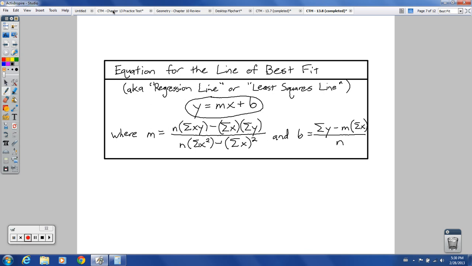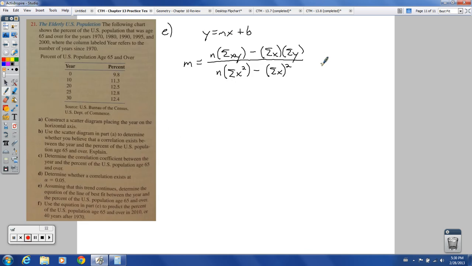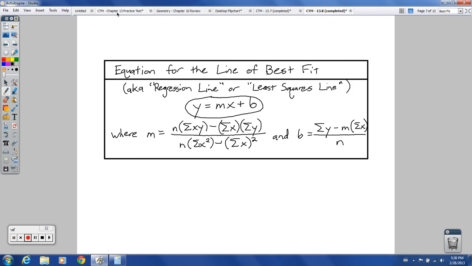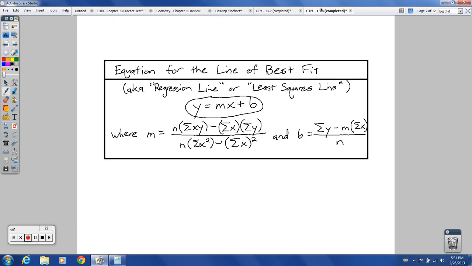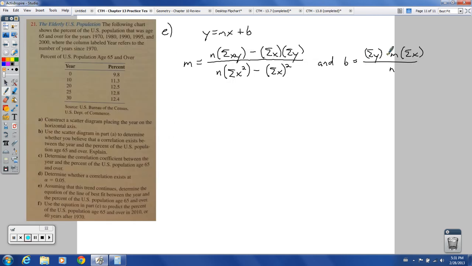Yep, that looks good. And b equal to that. So the sum of the y values minus m times the sum of the x values, over n. Okay, I guess I didn't have to put that in parentheses, but I did. That's fine. Either way is fine with that.